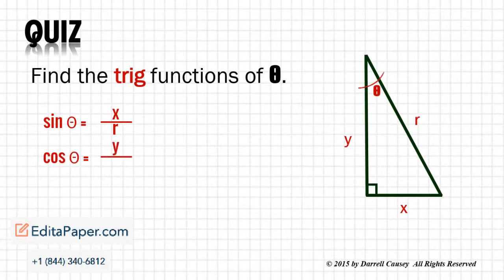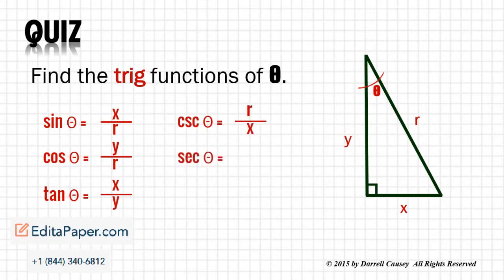Cosine theta is going to be y over r, and tangent theta is going to be x over y. And these are very common definitions of the trig functions, and it behooves you to know them. Now, cosecant theta is r over x, secant theta is going to be r over y, and cotangent theta is going to be y over x.